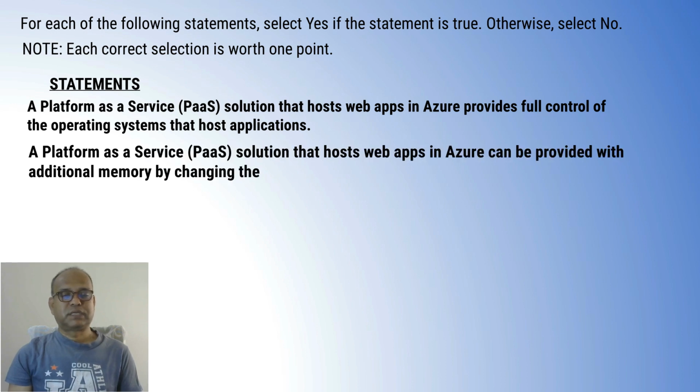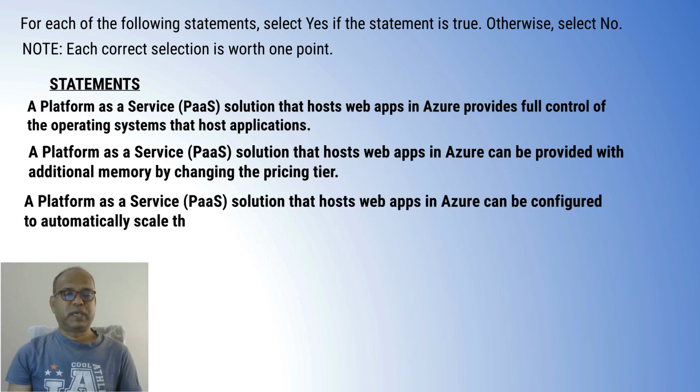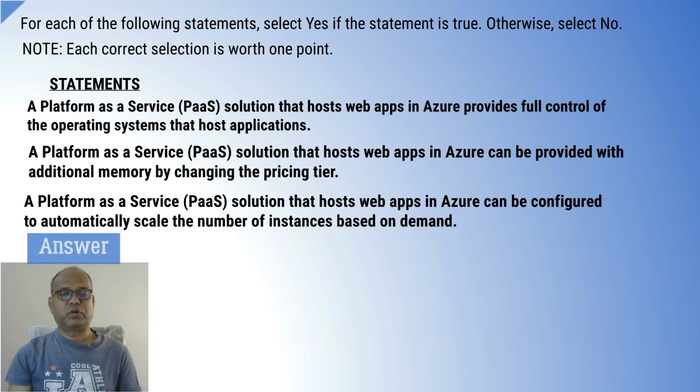A PaaS solution that hosts web apps in Azure can be provided with additional memory by changing the pricing tier. A PaaS solution that hosts web apps in Azure can be configured to automatically scale the number of instances based on demand.